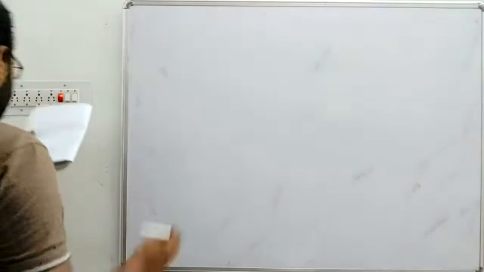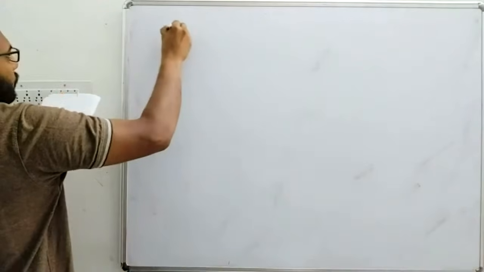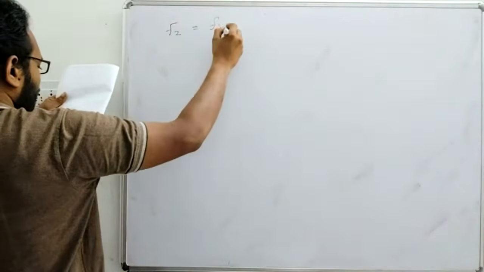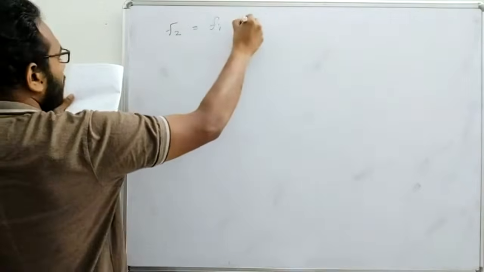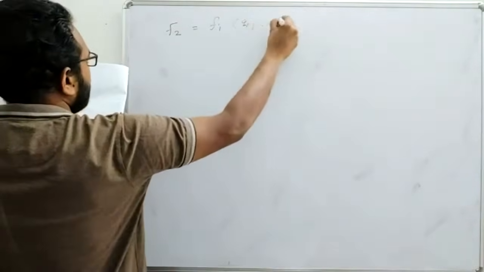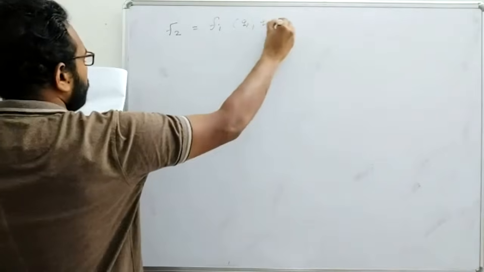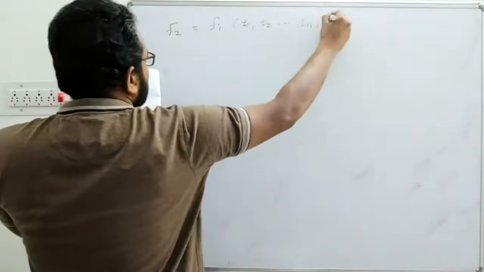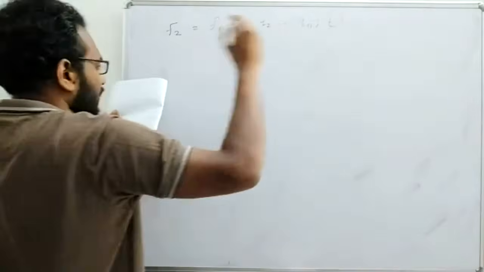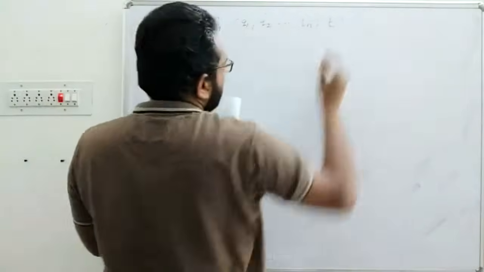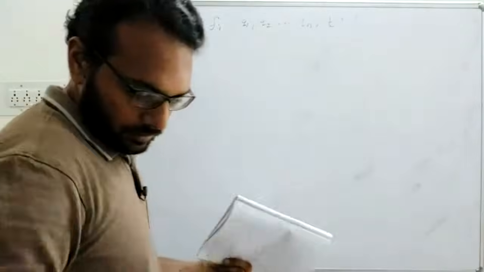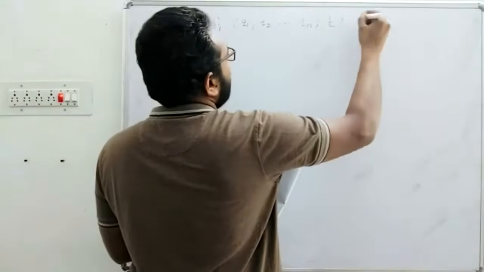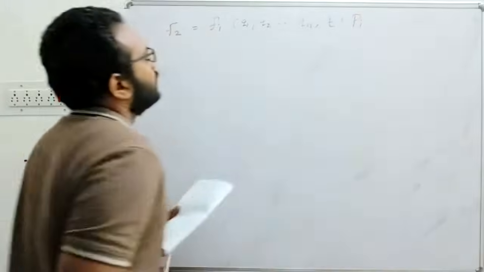Now, more generally, you can think of a generating function F2 of this form. It's fi, there's a summation implied, of Q1, Q2 up to Qn, and in principle, there may also be a time there, multiplied by Pi.